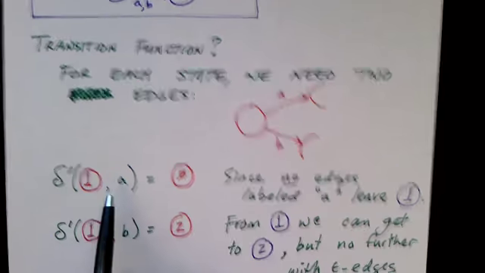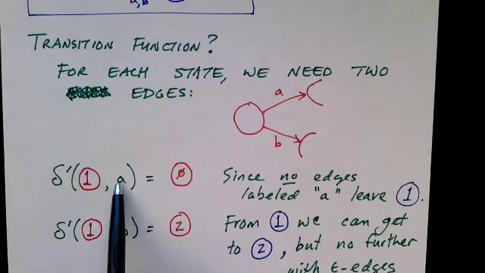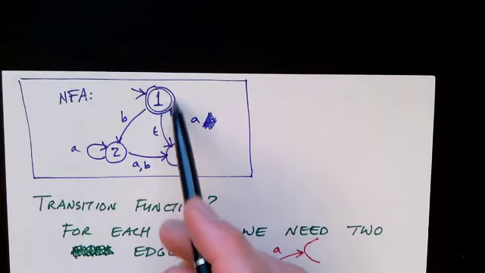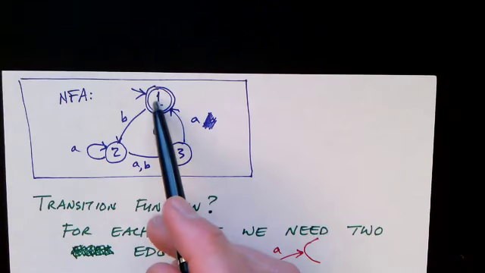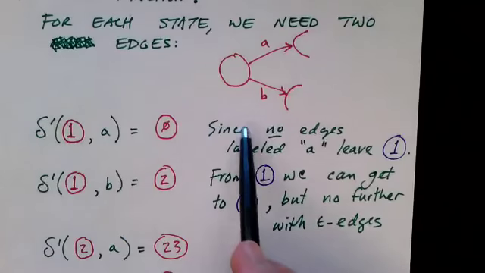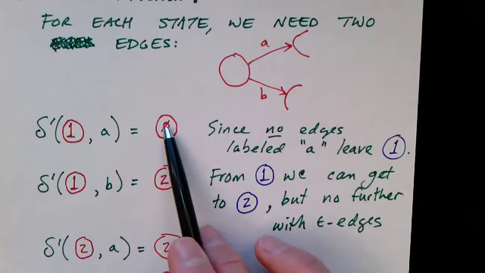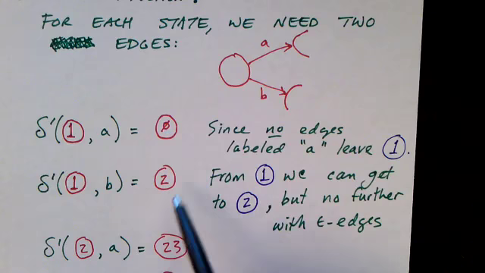We'll start with the state that is just 1. If we get an A, where do we go? No place. If we get a B, we go to 2. So, since there are no edges labeled A leaving 1, we go to the empty state, if you will.